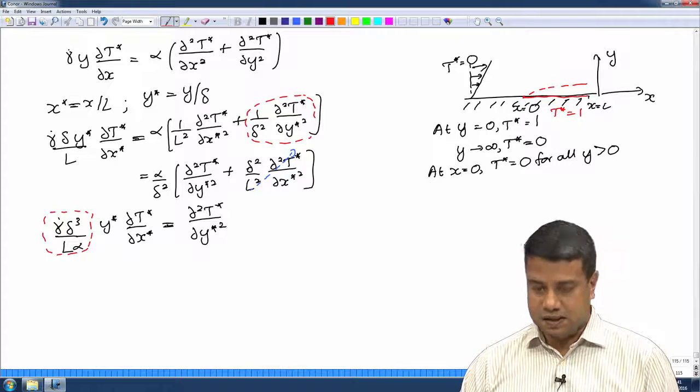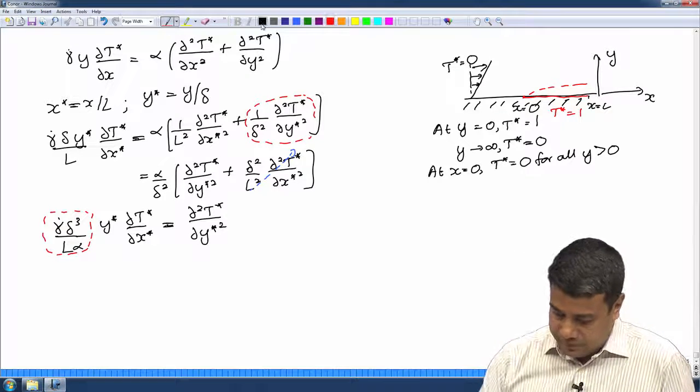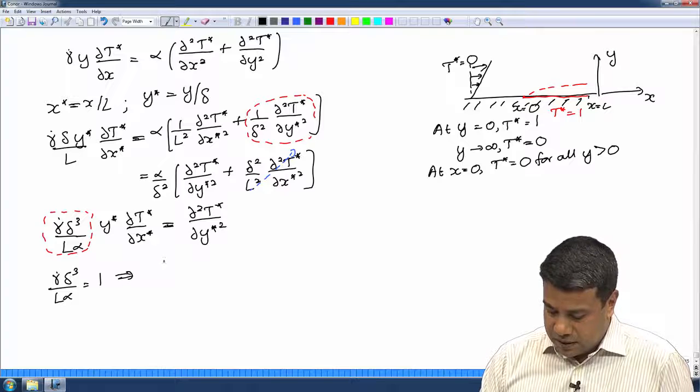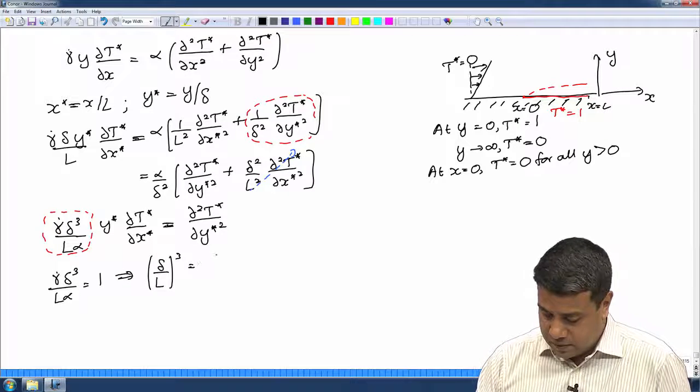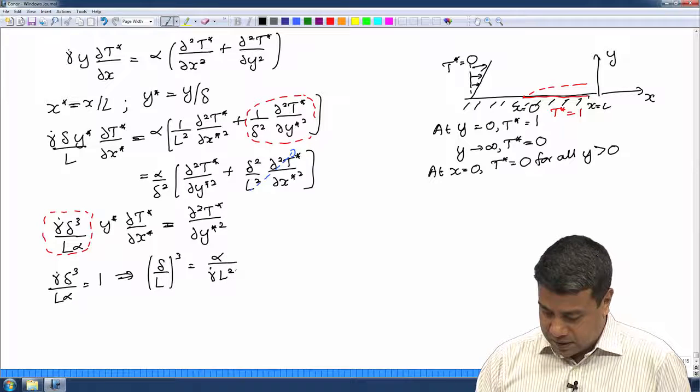Okay. So, that is the idea. What this means is that gamma dot delta cubed by L alpha is equal to 1. Okay. Alternatively, delta by L whole cubed is equal to alpha by gamma dot L square.